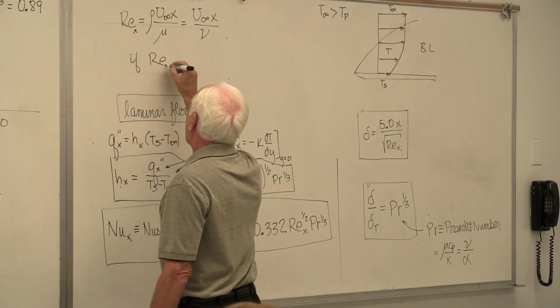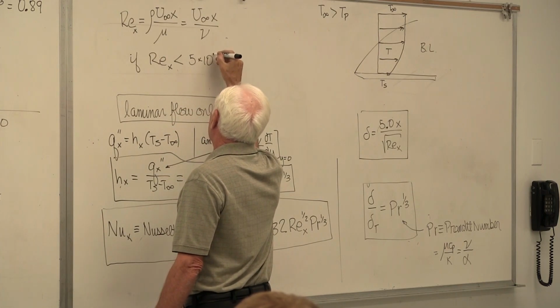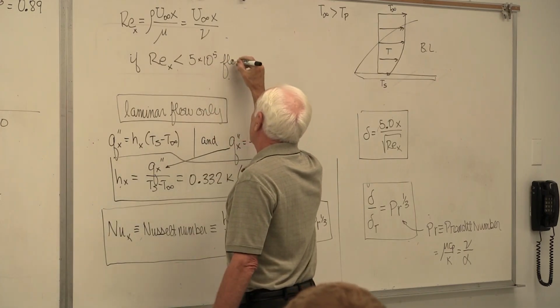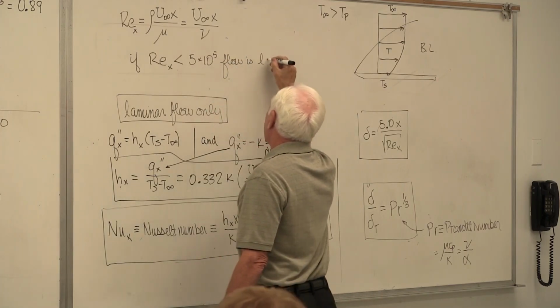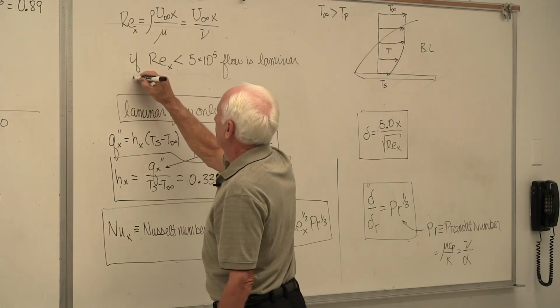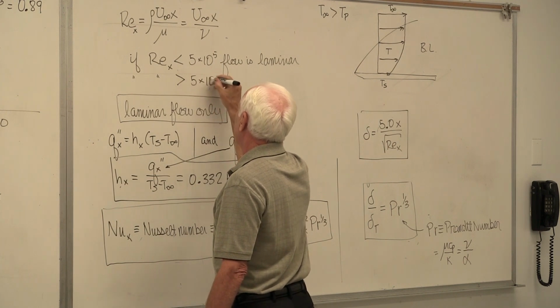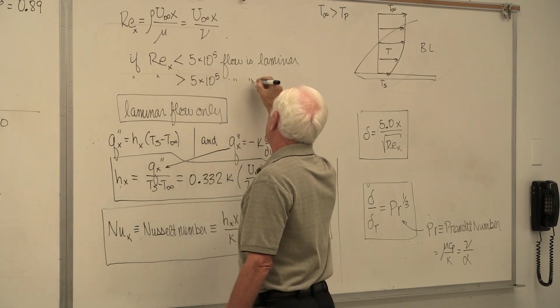If Reynolds X is less than 5 times 10 to the 5th, flow is laminar. If Reynolds number is greater than 5 times 10 to the 5th, flow is turbulent.